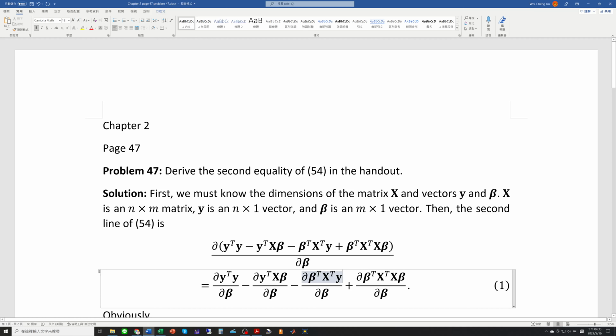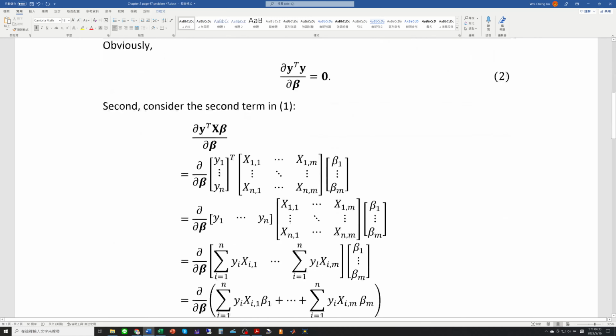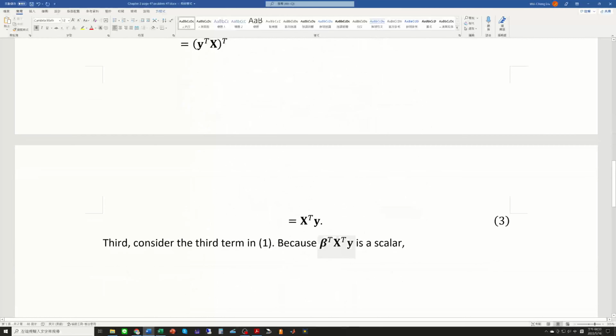So beta transpose is 1 by m, X transpose is m by n, and Y is n by 1. After multiplying them together, its dimension is 1 by 1, which is a scalar.